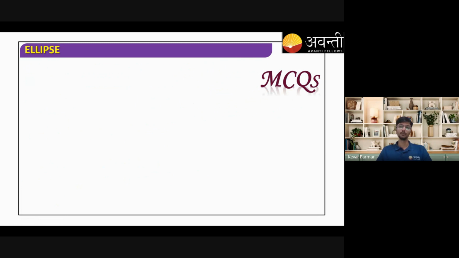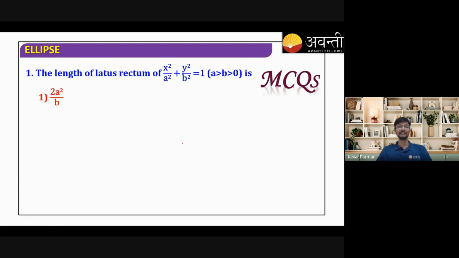The MCQs. Let's see how you can give the correct answer. The length of the latus rectum. I think Grisha already said, right? Superb. It is 2b square by a.